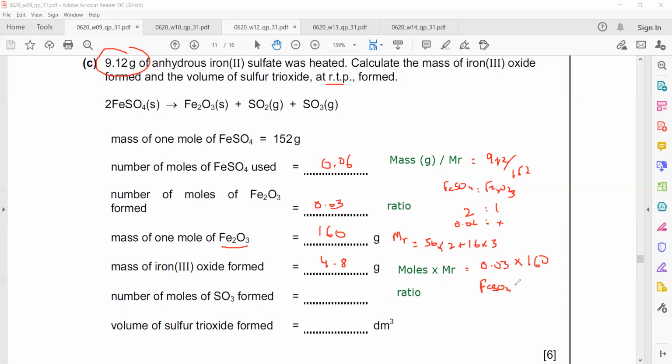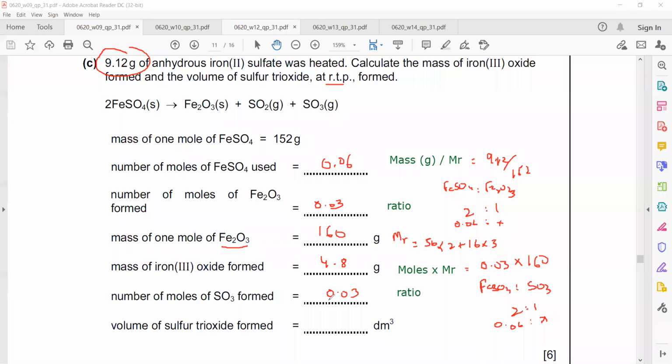The ratio between iron sulfate and sulfur trioxide is 2 is to 1. So if 0.06 moles were there for iron sulfate, then X moles for sulfur trioxide. So we'll get the same moles, 0.03, as it was for iron oxide.